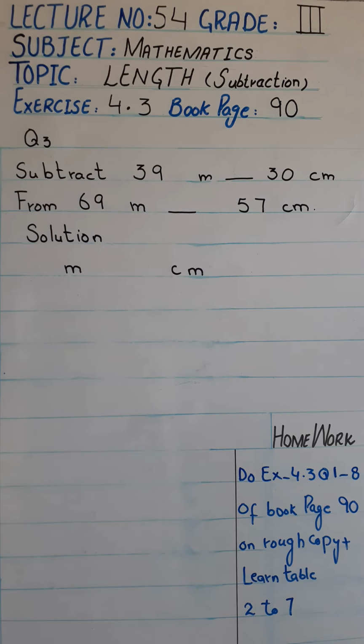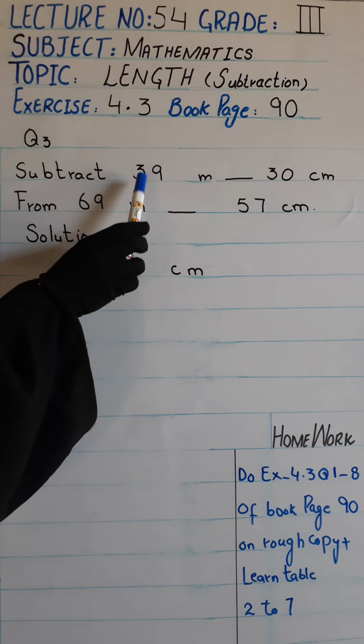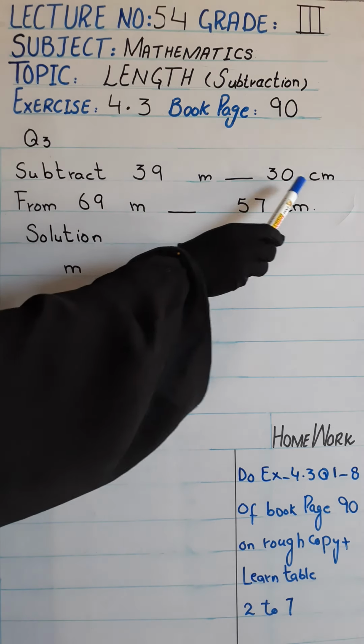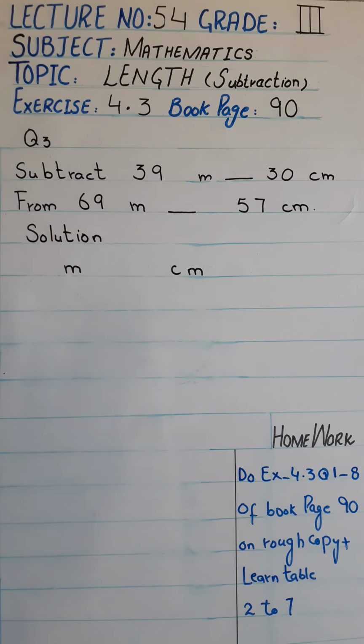Okay students, when a question is given in horizontal order and you arrange it vertically, most of the students arrange it incorrectly. Look at the board. A question is: subtract 39 meter 30 centimeter from 69 meter 57 centimeter.